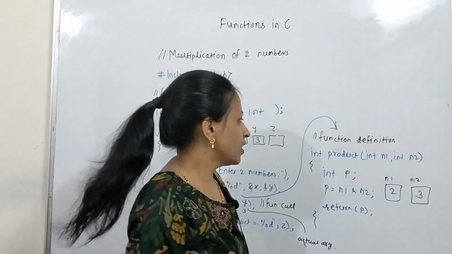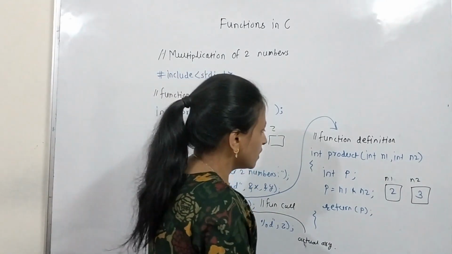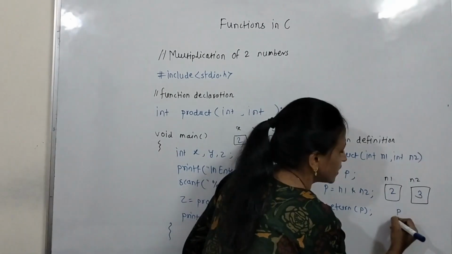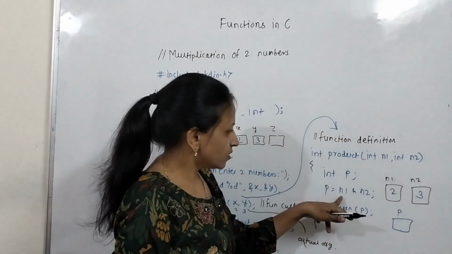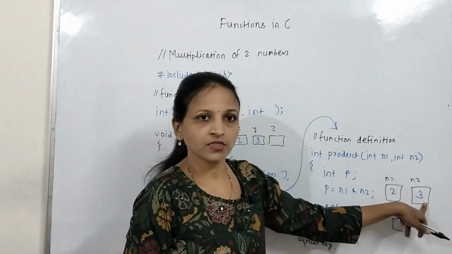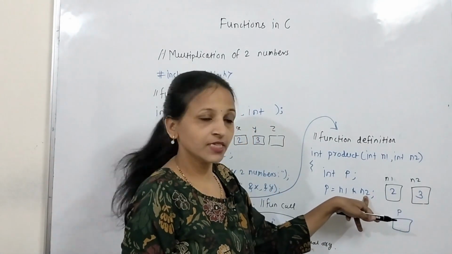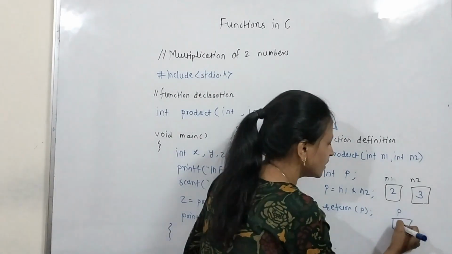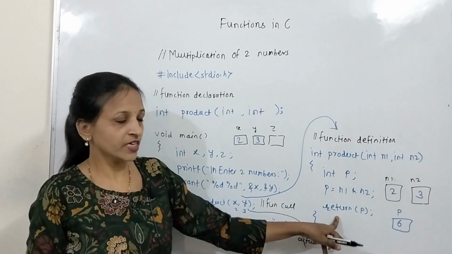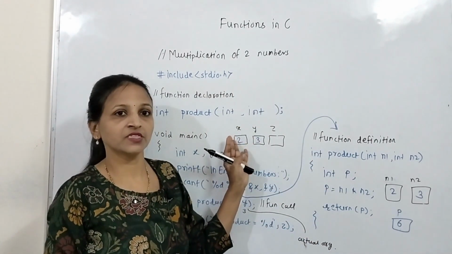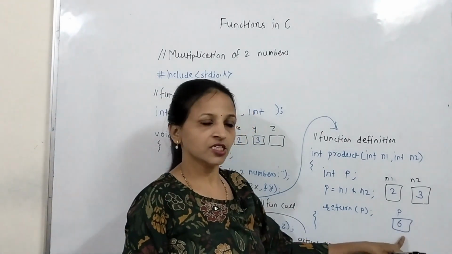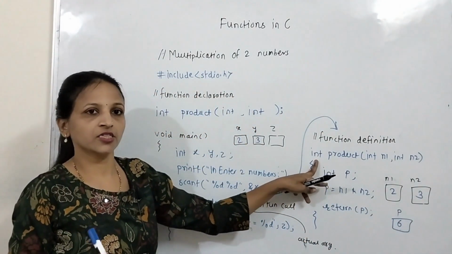Now see, here we have written int p. Again the variable p will get created in memory, and then n1 into n2, that means 2 into 3, will get computed, and that is 6, which will get stored inside this p. Here we are not displaying the value of p, the product, we are just returning that value from this function to the outside, and the data type of p is again integer, that's why we have mentioned integer.